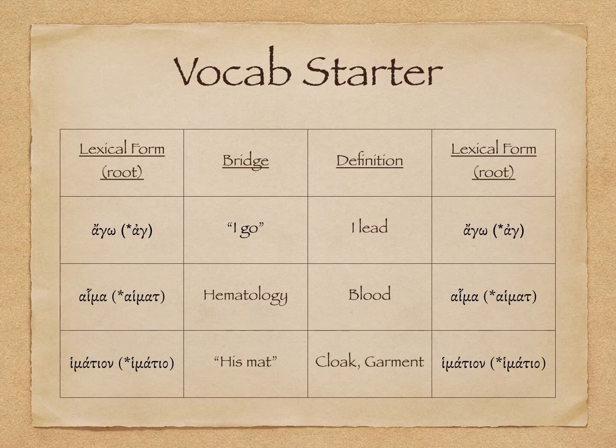Sounds a little bit to me like his mat. He may use his coat or his garment as a mat. His mat. Himation. Just a mnemonic device or a memory device there by way of how himation sounds. His mat. The rough breathing mark. Hi and mat. His mat, a cloak or garment.